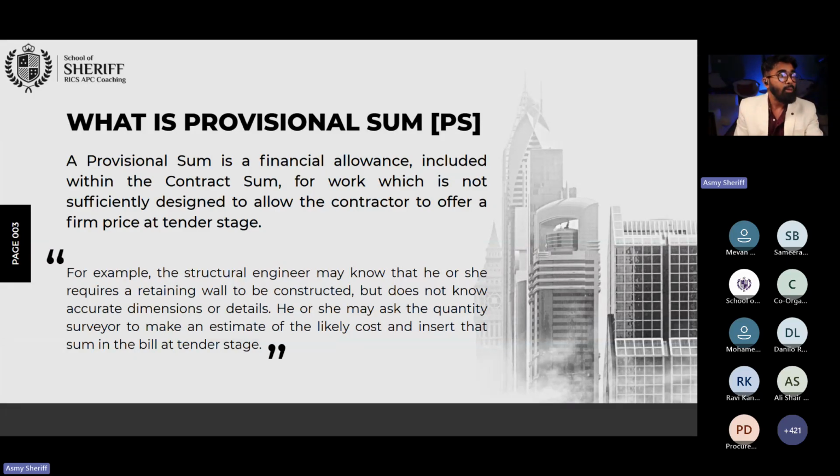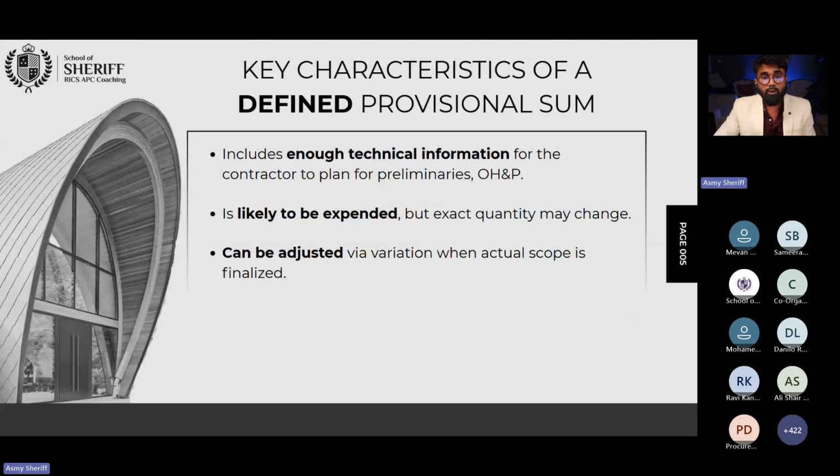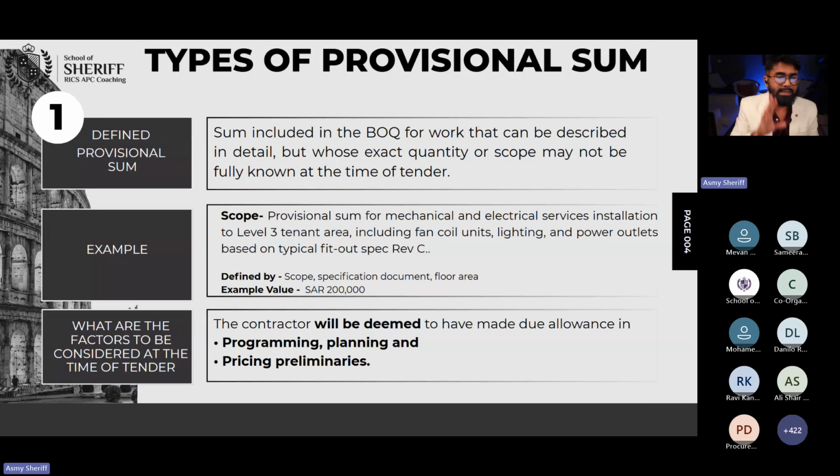Okay. When it comes to provisional sum, I mentioned that the employer may mention that he is going to construct a car park or so-and-so thing, right? So when it comes to provisional sum, some employers haven't decided whether they want a mock-up or not. Maybe they may have detailed information. He hasn't decided yet, but he may have some information.